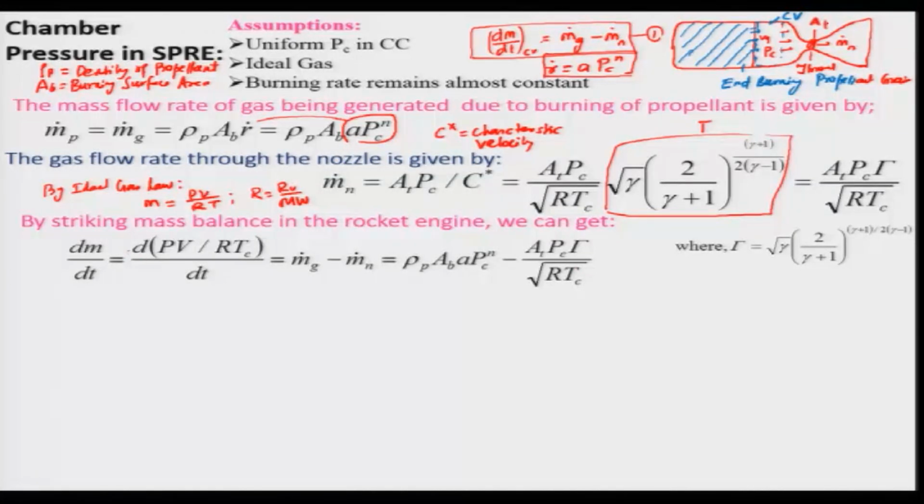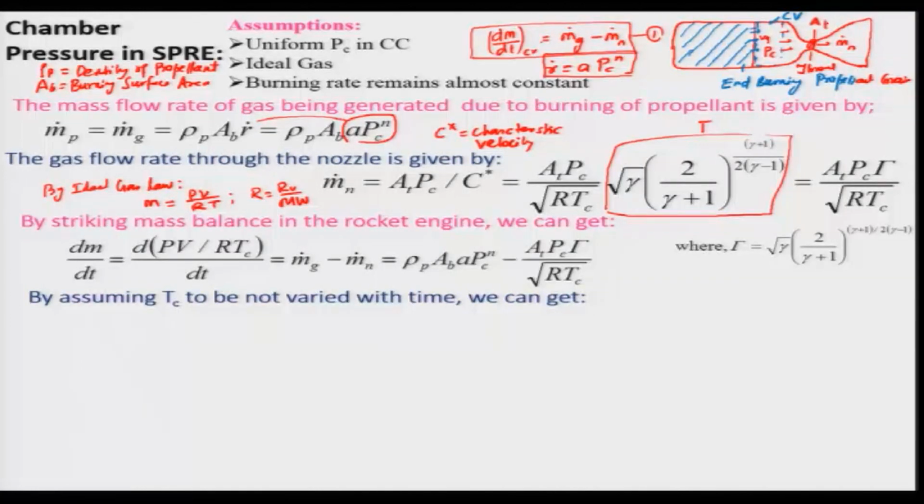So, what we will do is expand this term, keeping the temperature constant, and then we can get the expression. Keep in mind that temperature remains almost constant with time, because it depends on the propellant composition, and it hardly varies with an increase or decrease in chamber pressure.